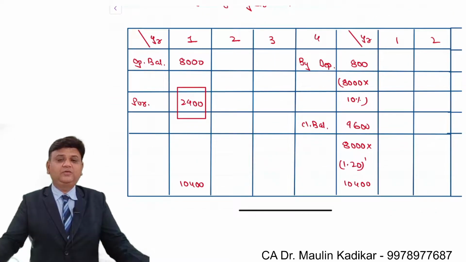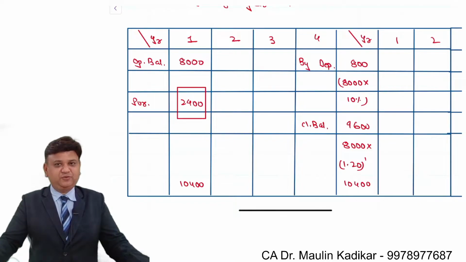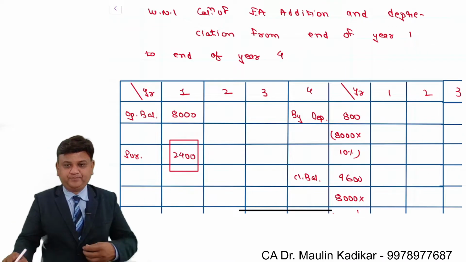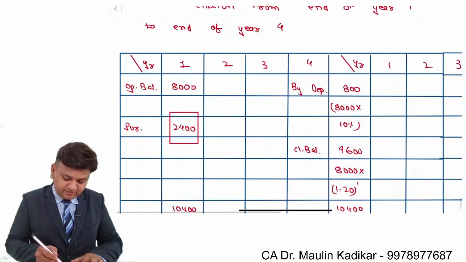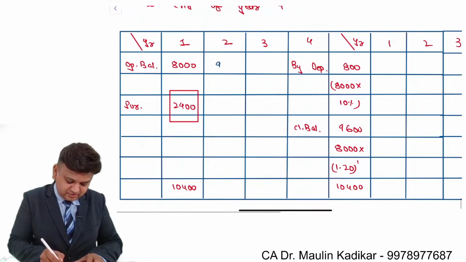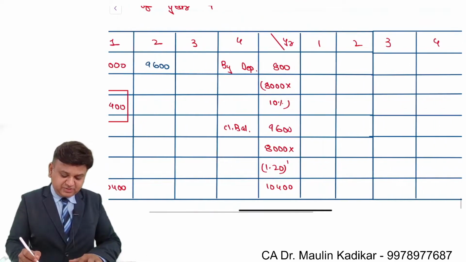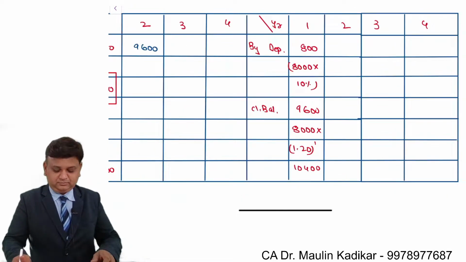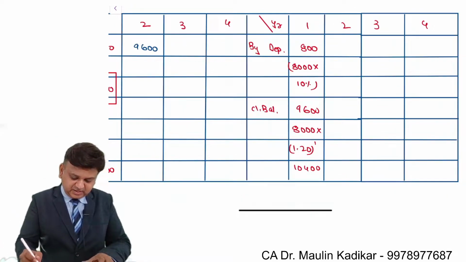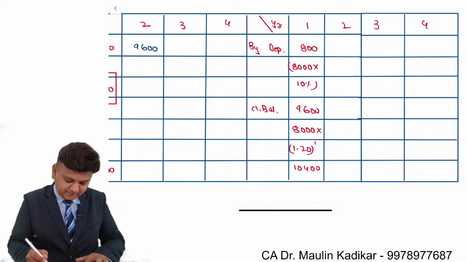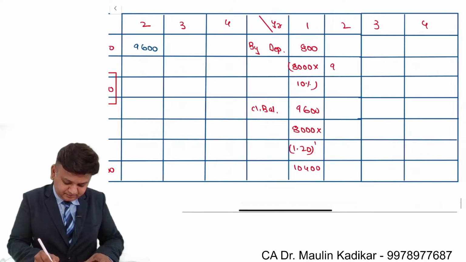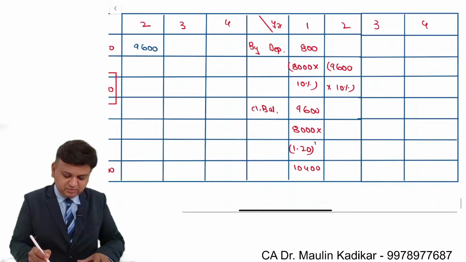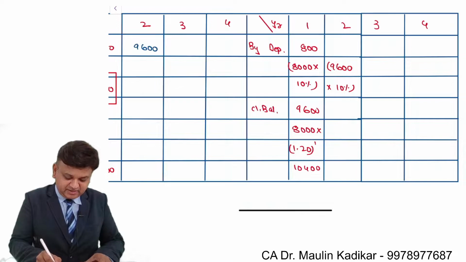Similarly, we will do it for the second, third and fourth year. Second year opening WDV is 9,600. Second year depreciation would be 9,600 into 10%. So depreciation will be 960.